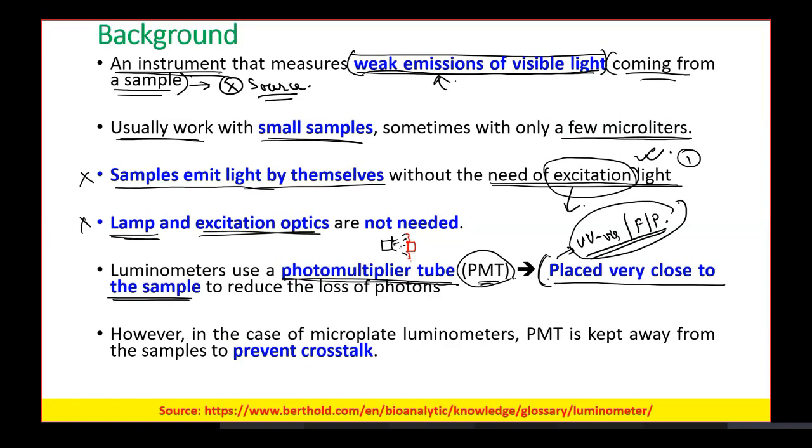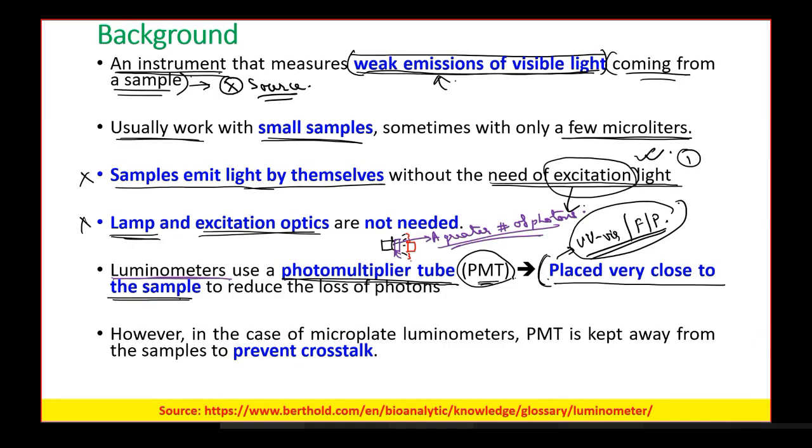However, if you bring this PMT near to the sample surface, this cuvette, then it would be able to capture a greater number of photons. Okay. This is why, when we are working with luminometers, the detectors are placed very close to the sample.